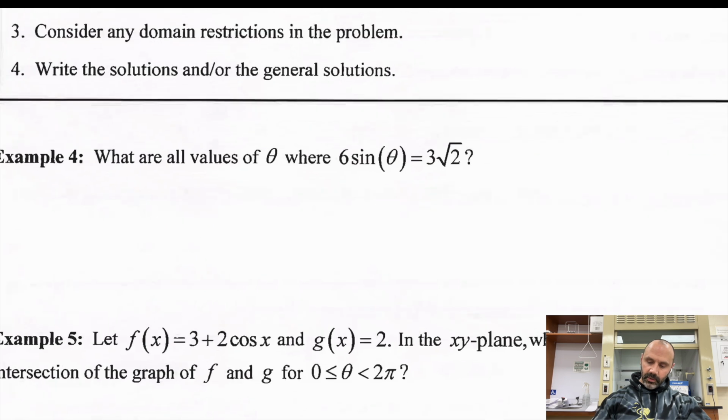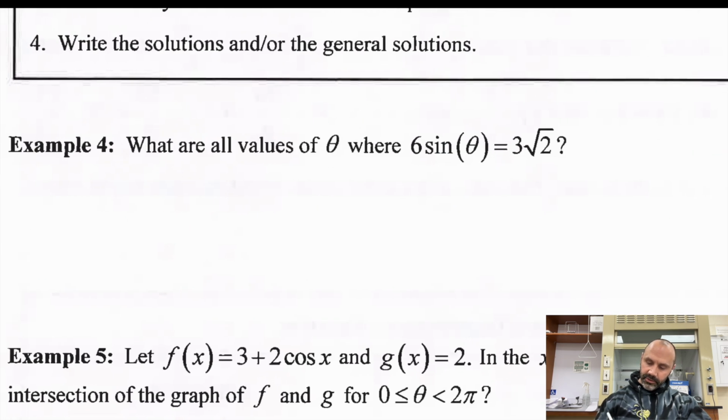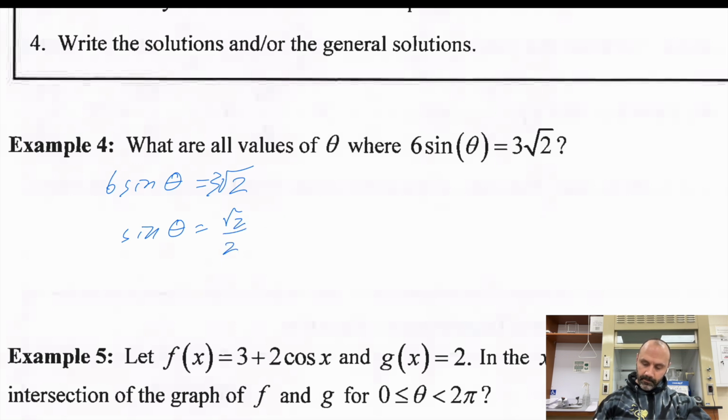Okay, so in this case, 6 sine of theta equals 3 times root 2. So isolate the trig function. 3 root 2 over 6 is root 2 over 2. In the unit circle, sine is the y. This is positive, so it's going to be here and here.